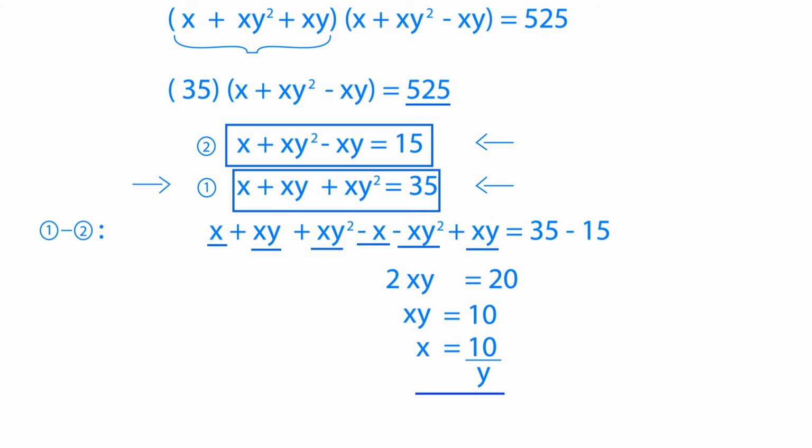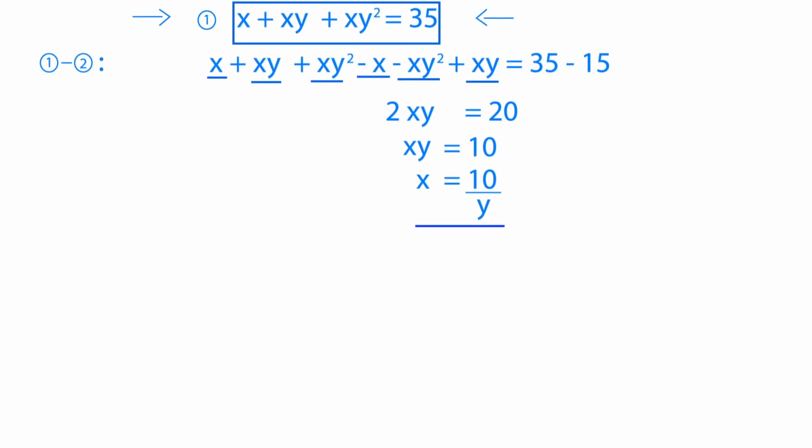So I'll just put it into 1 there. So x is equal to 10 over y. Substitute that into 1. So we get 10 over y plus 10 over y times y plus 10 over y times y squared is equal to 35. Multiply through. Do I need to multiply through?